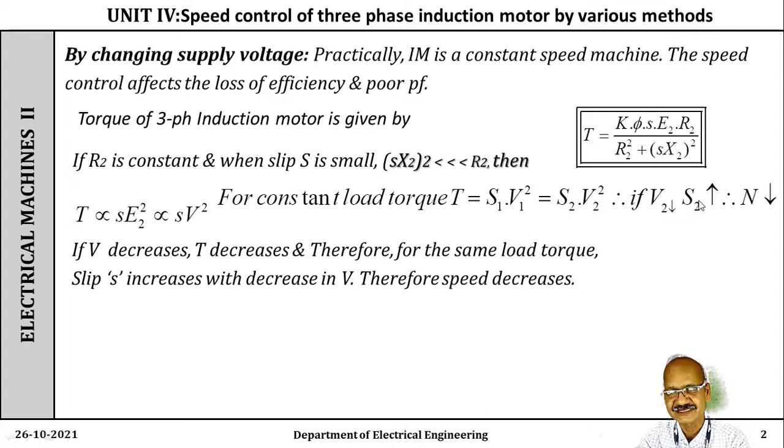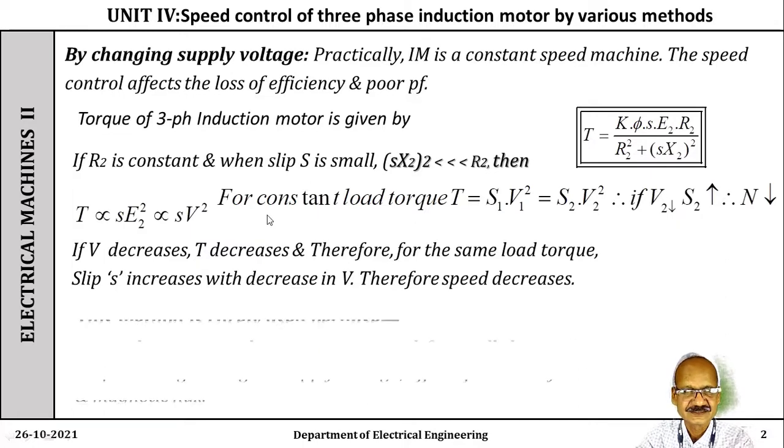So S2 increases and therefore speed falls, because the slip equals Ns minus N upon Ns. So as the speed decreases, slip increases, or as the slip increases, speed falls. The same thing has been written here. If the voltage decreases, the torque decreases, and therefore for the same load torque, slip increases with decrease in V, and therefore the speed decreases.